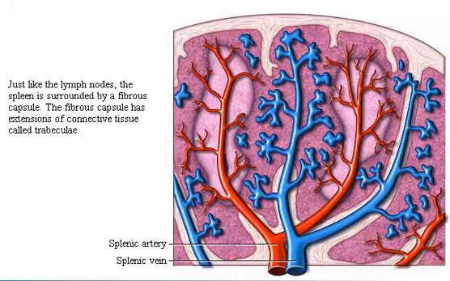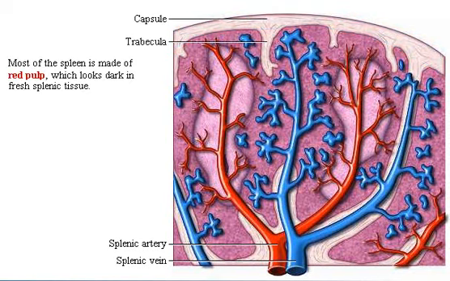Just like the lymph nodes, the spleen is surrounded by a fibrous capsule with extensions of connective tissue called trabeculae that extend into the organ. Click the capsule. Most of the spleen is made of red pulp, which looks dark in fresh splenic tissue.